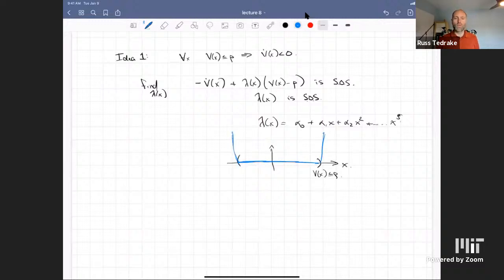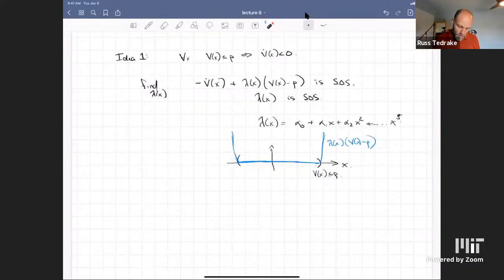It's basically trying to approximate something that doesn't hurt me. This is my lambda of x times v of x minus rho. It's trying to contribute nothing, so it doesn't make the problem harder to satisfy here, and then contribute a lot up here. Okay.